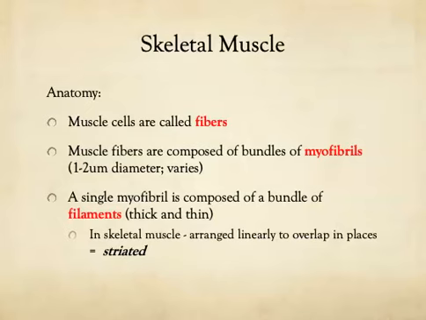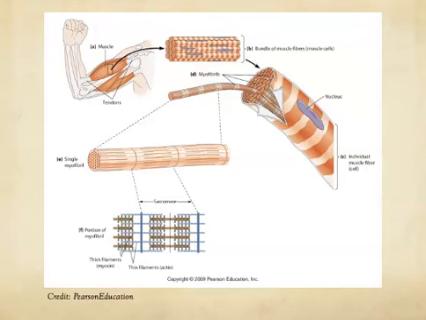The technical word for this striping pattern is striation. So that's why we say that skeletal muscle fibers are striated. They are literally striped when you look at them under the microscope. And those striations come from the overlapping pattern of the thick and thin filaments inside the cell.